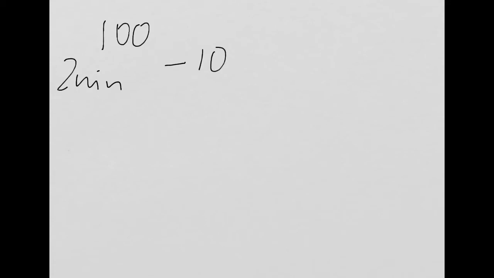So how many have I got left? 90. So another 2 minutes. Now, I take 10% of what I've got left. So it's not 10, it's 9. Yeah? So I have 81.